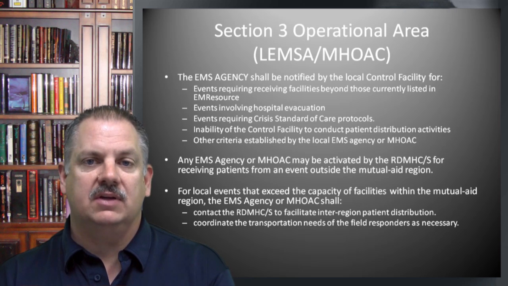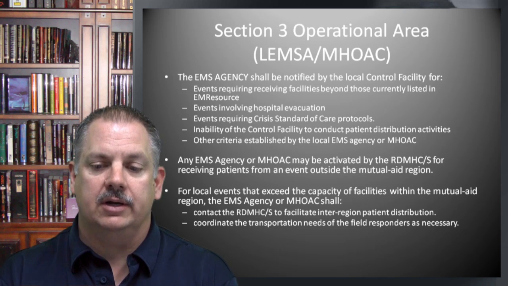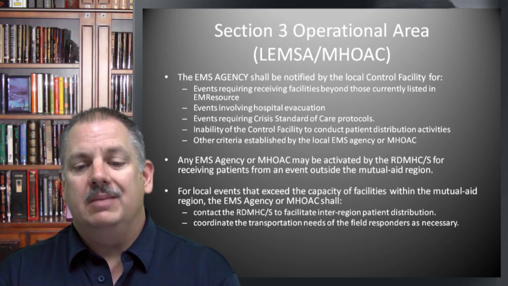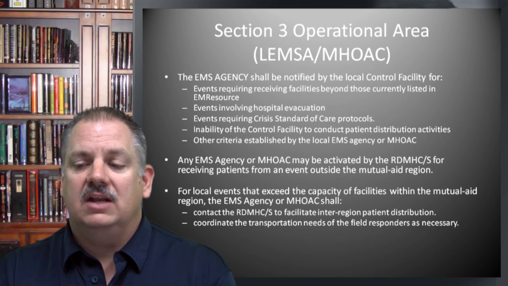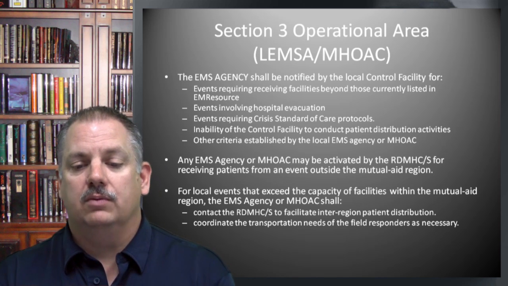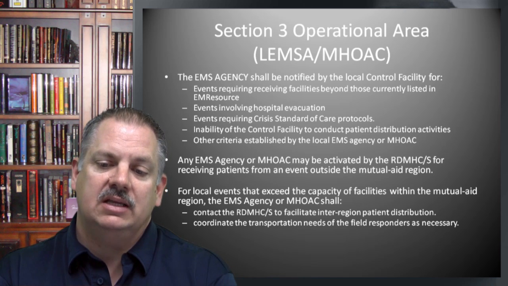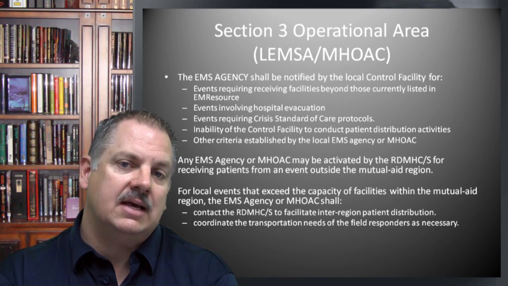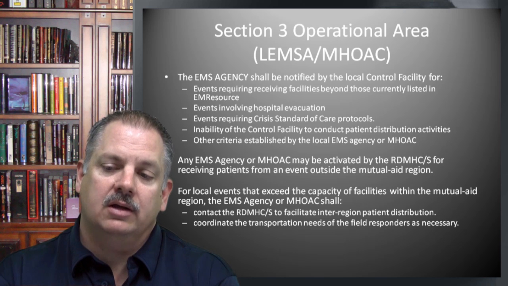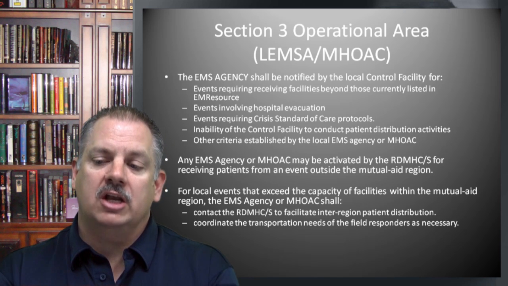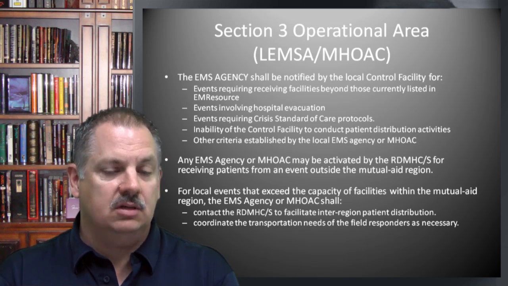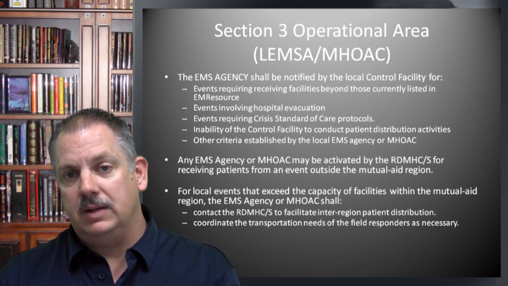They can be more specific depending on the facility or the operational area. Any EMS agency or MOAC may be activated by the RDMHS for receiving patients in an event outside the mutual aid region. So basically, if patients are going to be transported outside of your operational area or mutual aid region, the RDMHS can help the control facilities facilitate the movement of those patients.